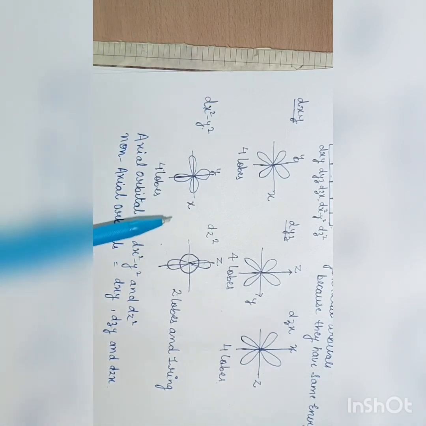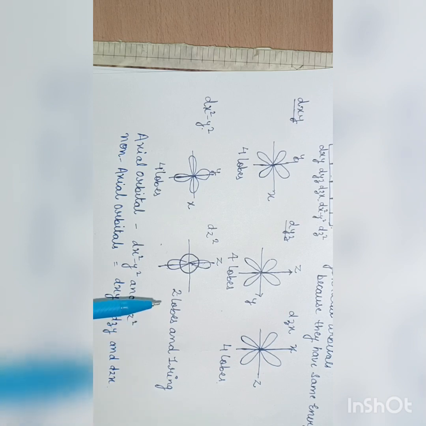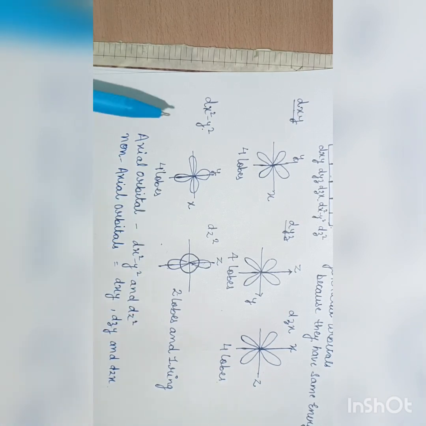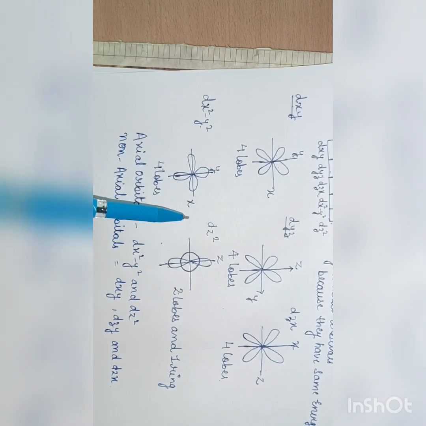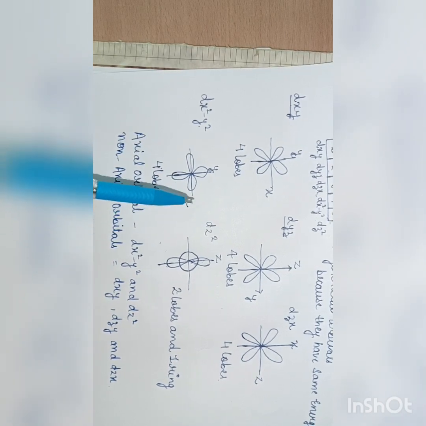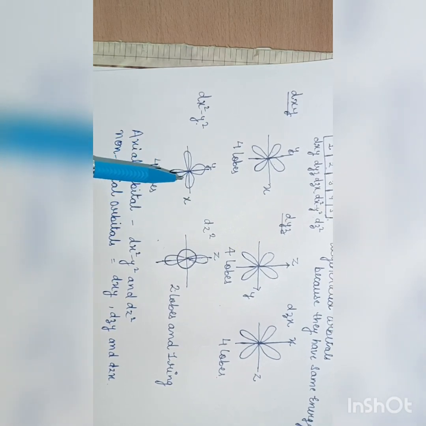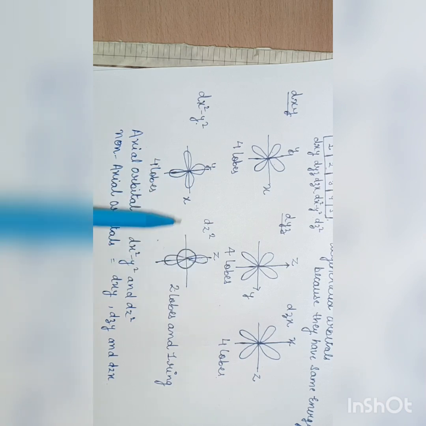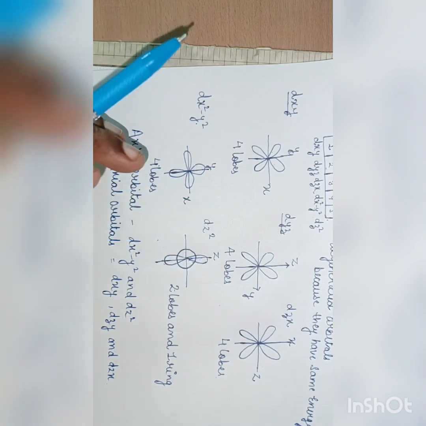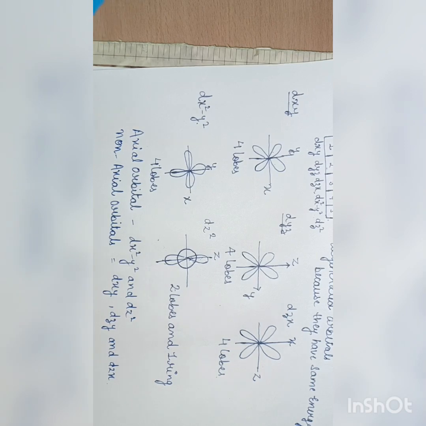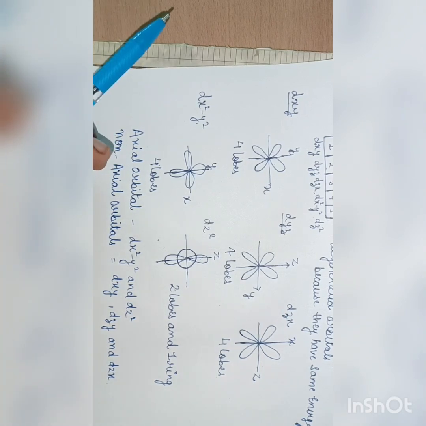So in crystal field theory we have the electrostatic interaction between the ligands and the metal. There is no covalent bonding. There is only attraction between the ligands and the metal.